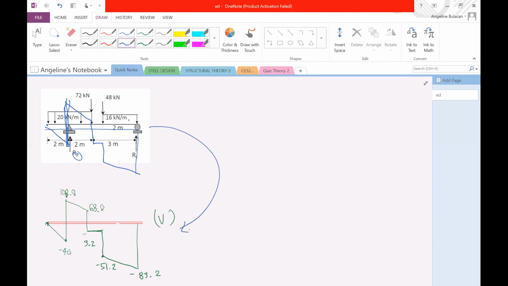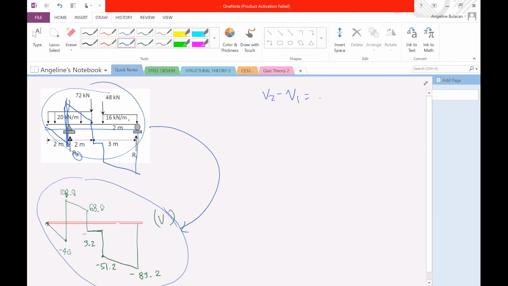So, if you can understand, no, kung yung changes dun sa beam, madali na yung paggawa ng shear diagram. But again, you may also use the V2 minus V1 is equal to area. So, siguro ang suggestion ko na lang is look for problems na meron ng shear and moment diagram siguro sa books.